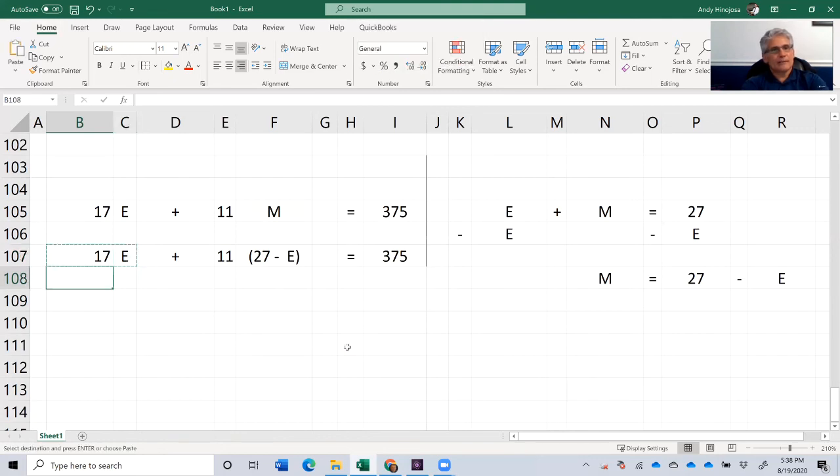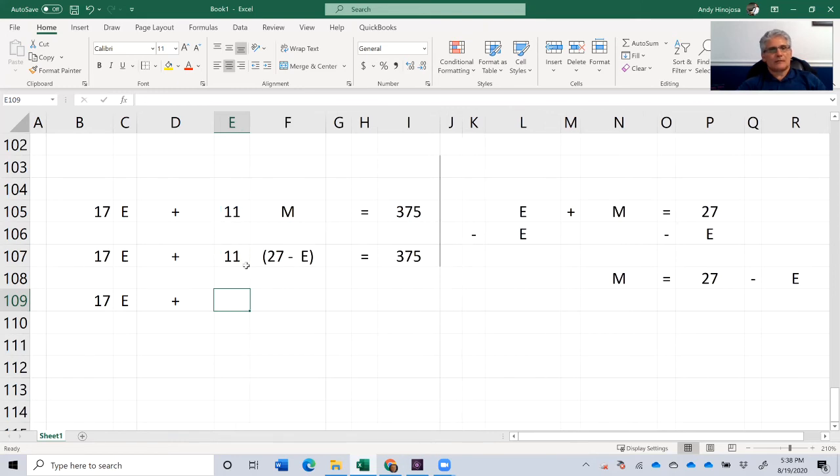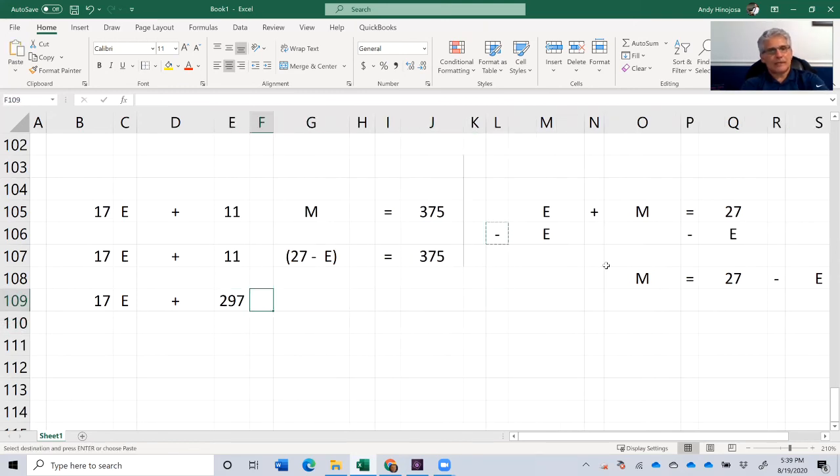Okay, so we'll take 17E. We're going to add to that. Now in this case here, we have to use distributive property. So we're going to take 11 times 27 to give us 297. And we're going to subtract from that 11E.